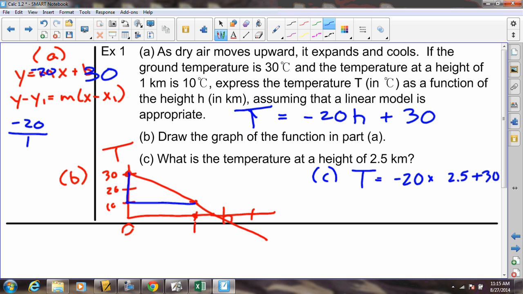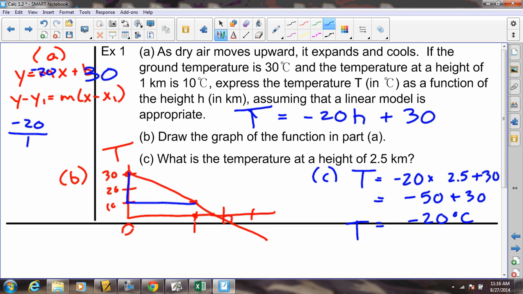So what is 20 multiplied by 2.5? Okay, so negative 50 plus 30 would yield a negative 20 degree Celsius temperature at the height of 2.5 kilometers, which would be really, really cold.